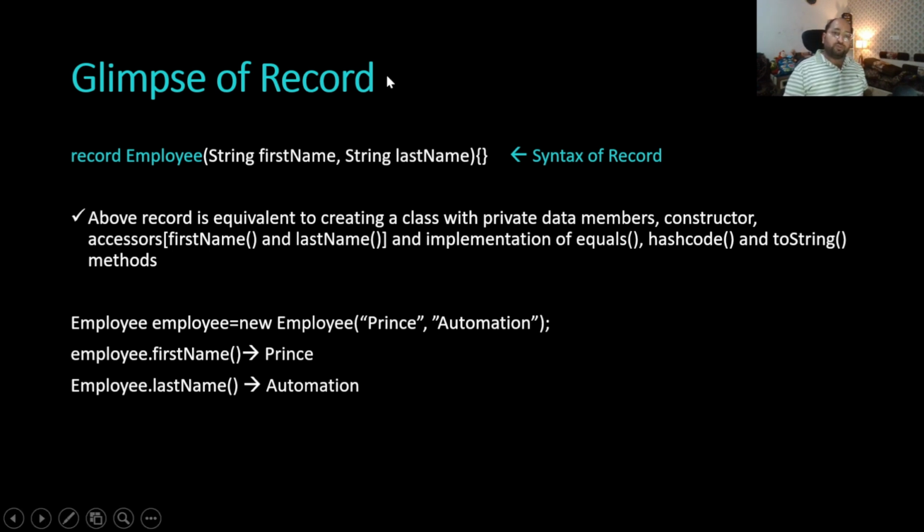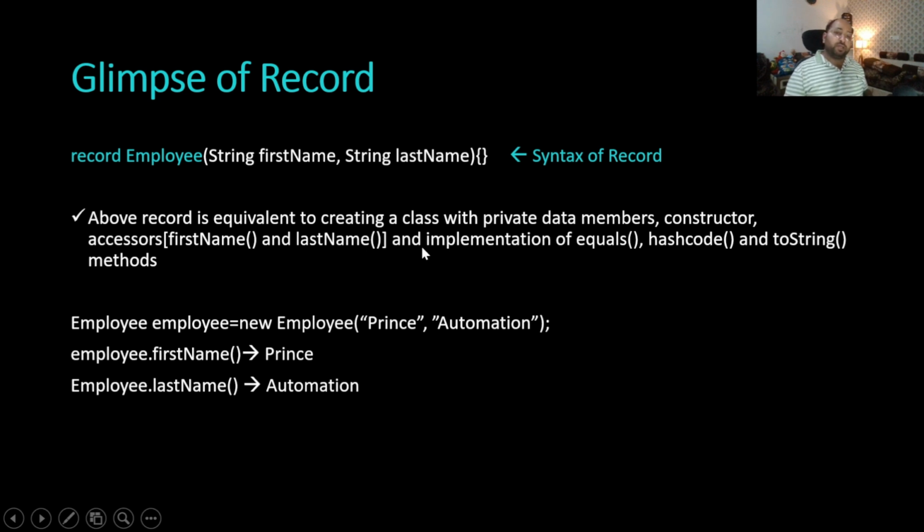Now, this is a glimpse of a record class. If you take a look, in record Employee we start the braces and define the instance variables here only. The rest of the work is taken care of by the compiler. This record is equivalent to creating a class with private data members, first name and last name.